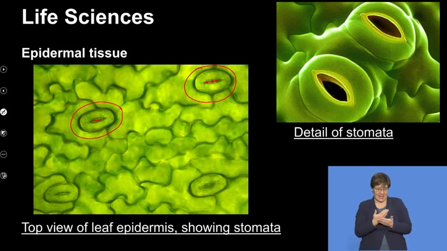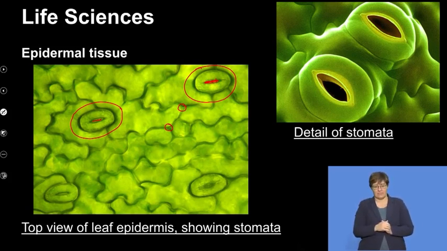Also notice that these epidermal cells are very closely packed and there are no air spaces between them, because the only way air can get into the plant is through the stomata.